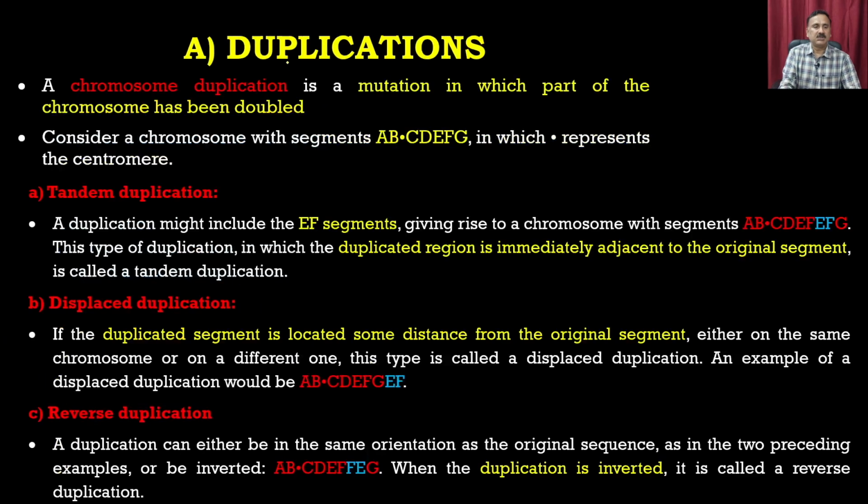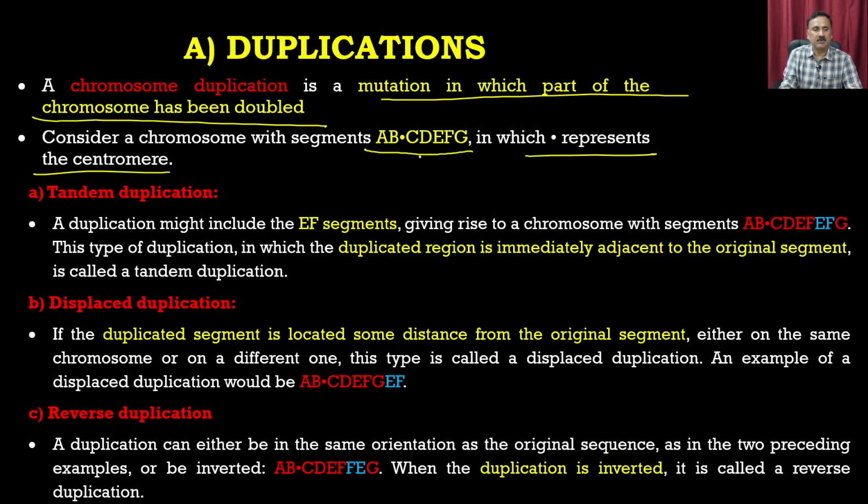So what is duplication? Chromosome duplication is a mutation in which a part of the chromosome has been doubled. Consider a chromosome with segments A, B, C, D, E, F, in which a dot represents the centromere. There can be a tandem duplication, a displaced duplication, and a reverse duplication.